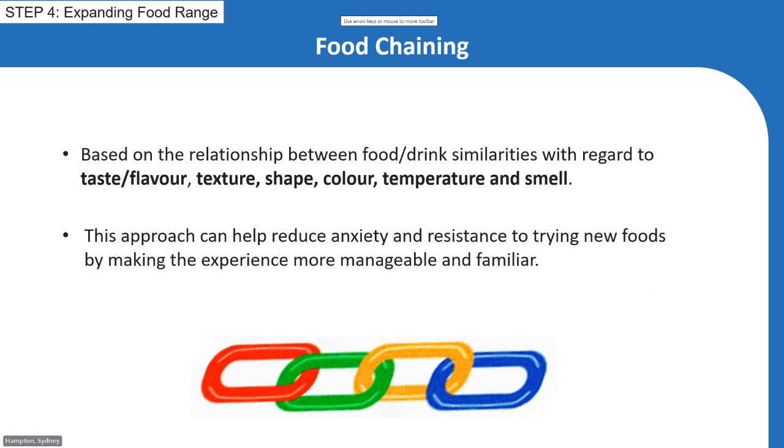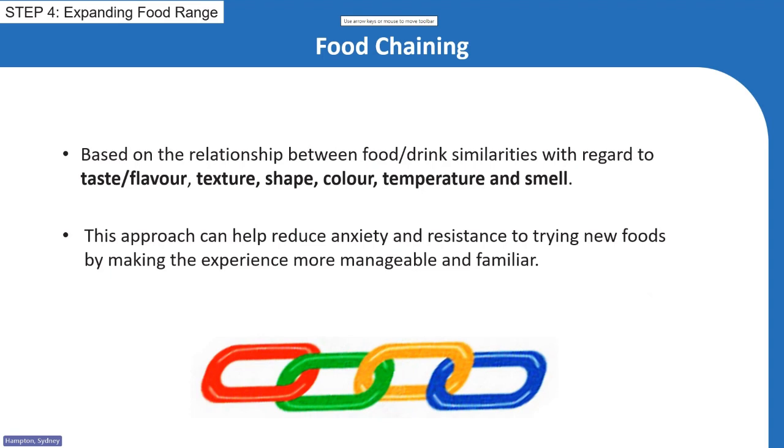So let's look back at that food range list. Are there any patterns between those flavors of foods? Does the child seek strong or bland food? What is the most common flavor of food that they enjoy? Do they like spicy? Do they like sweet food?